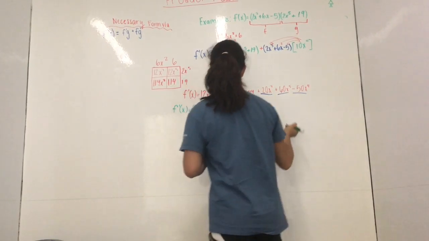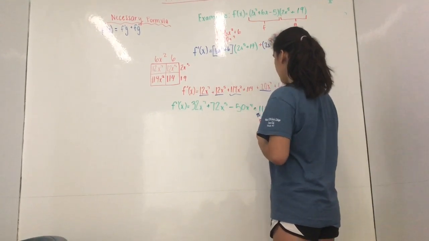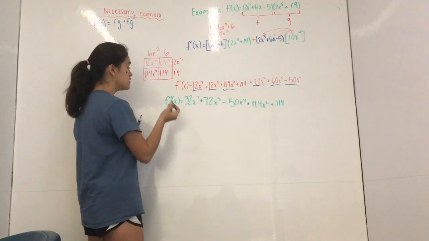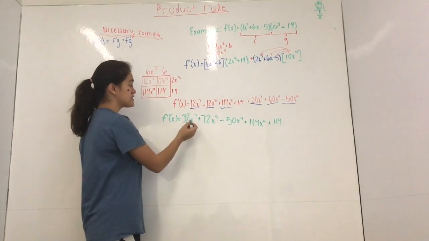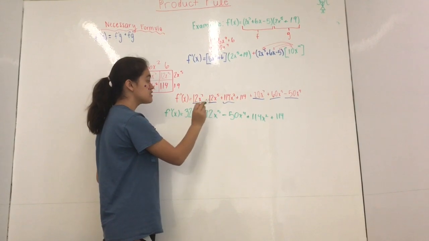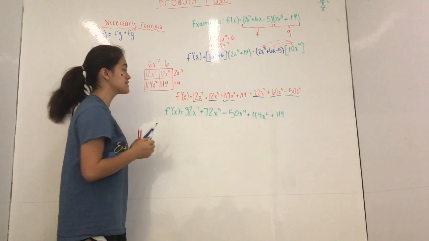And then we have our constant. And you should have ended up with the answer being the derivative of this example is 32x to the 7th plus 72x to the 5th minus 50x to the 4th plus 114x squared plus 114.